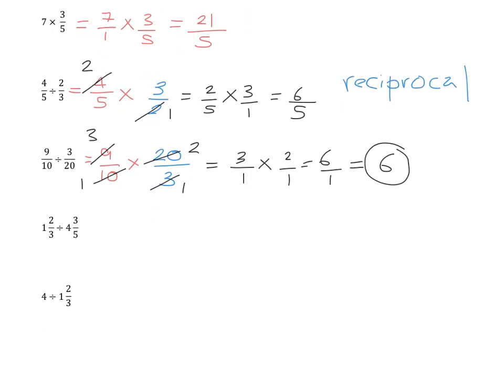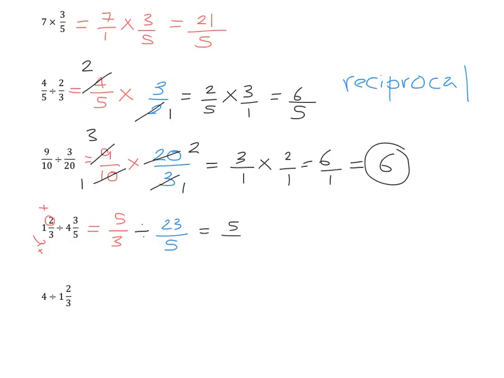In the next question, we have mixed fractions involved. So 1 and 2/3, which we will rewrite as 5/3. 1 multiplied by 3 is 3. Add this 2 up here gives us 5, 5/3. This is being divided by 4 and 3/5, which is 23/5.